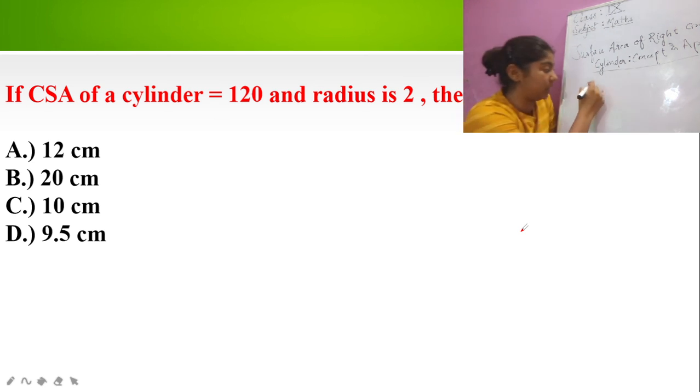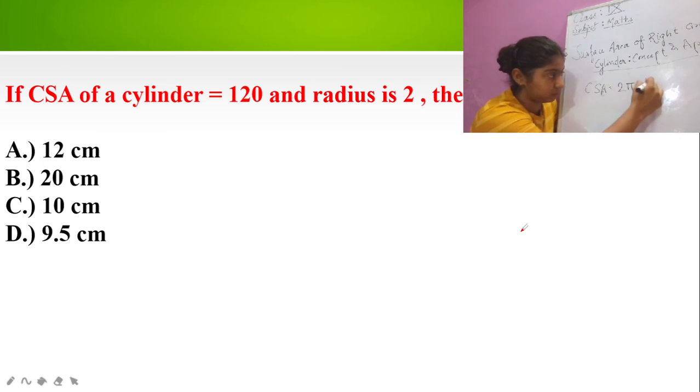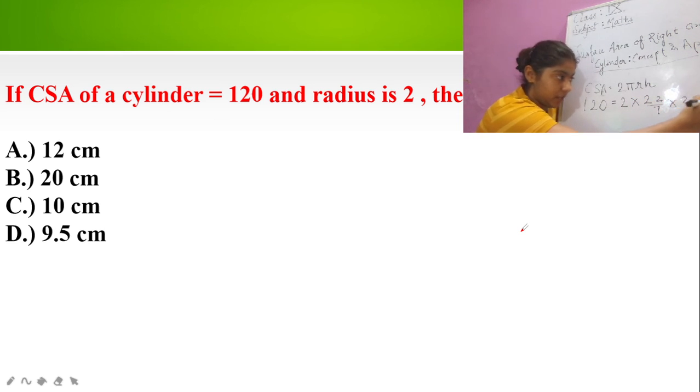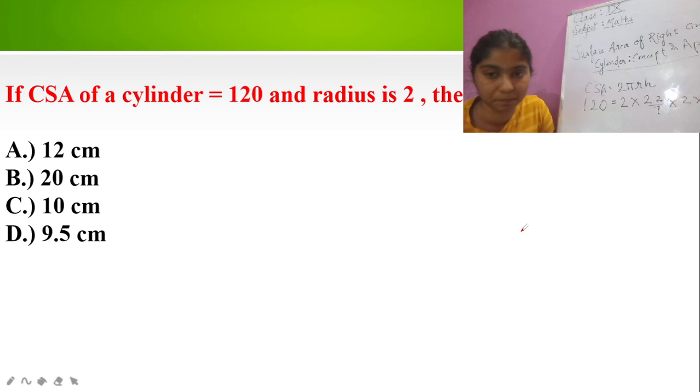So we know that curved surface area is 2 pi rh, right? So we will substitute 120, radius let's say 22/7, height is unknown, leave it. Okay, now cancel out all the terms.